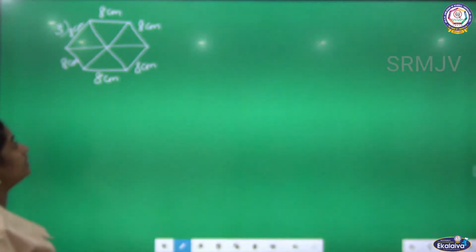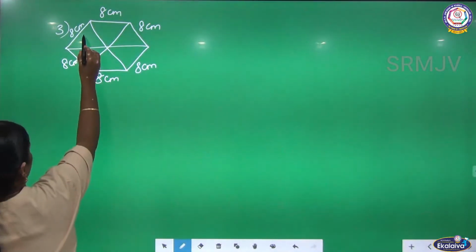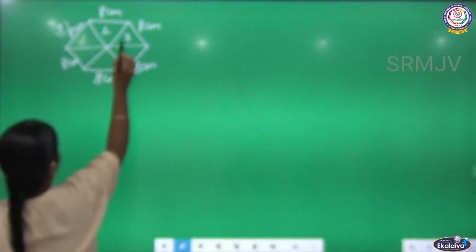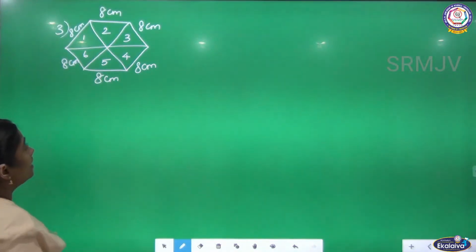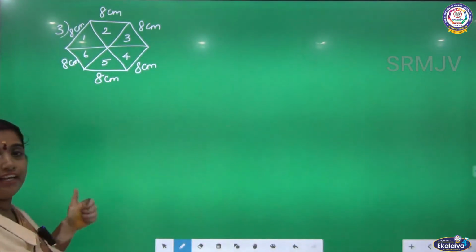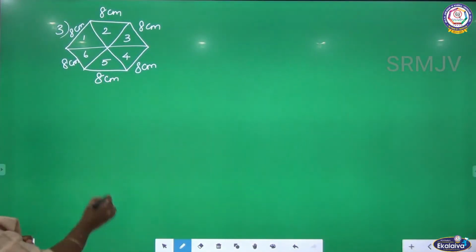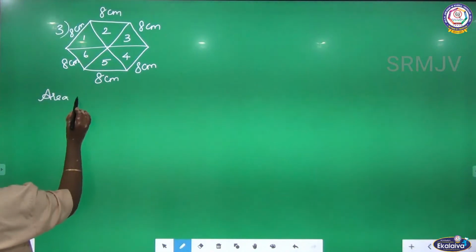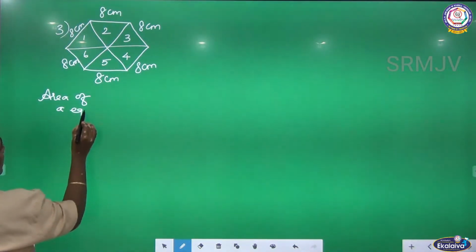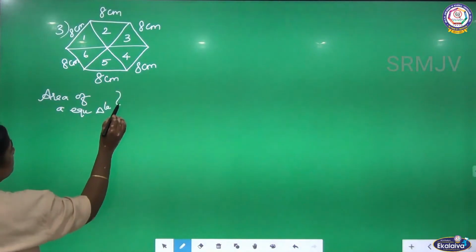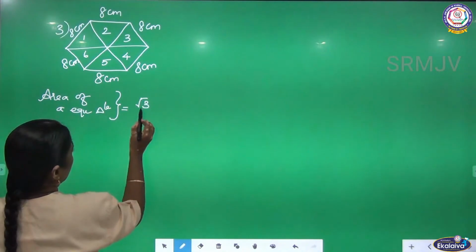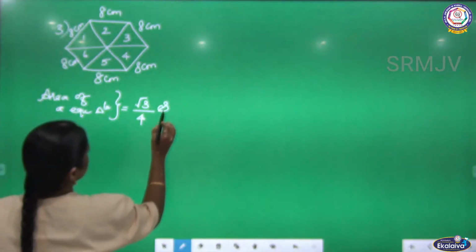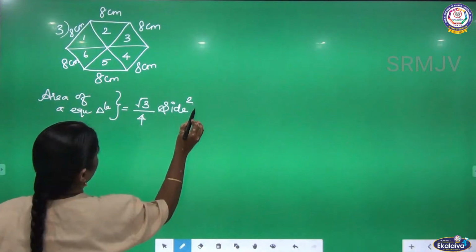I can get the 6 equal triangles. 1, 2, 3, 4, 5, 6. Now here I am substituting the area of an equilateral triangle. Got it? What is the area of an equilateral triangle? Area of an equilateral triangle is root 3 by 4 side square. Got it?